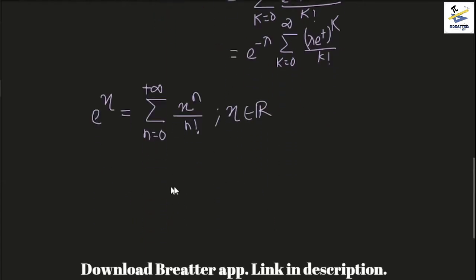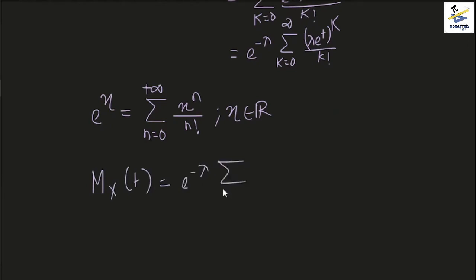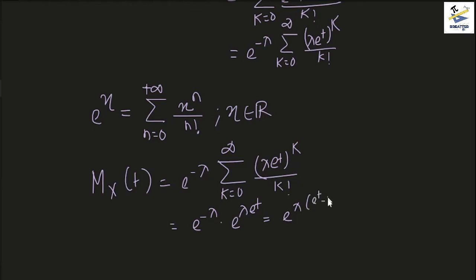Then the above moment generating function M_X(t) is e to the power minus lambda times the sum over k equals 0 to infinity of lambda e to the power t whole to the power k by k factorial, and this thing becomes e to the power lambda e to the power t, and in all we get e to the power lambda into e to the power t minus 1.